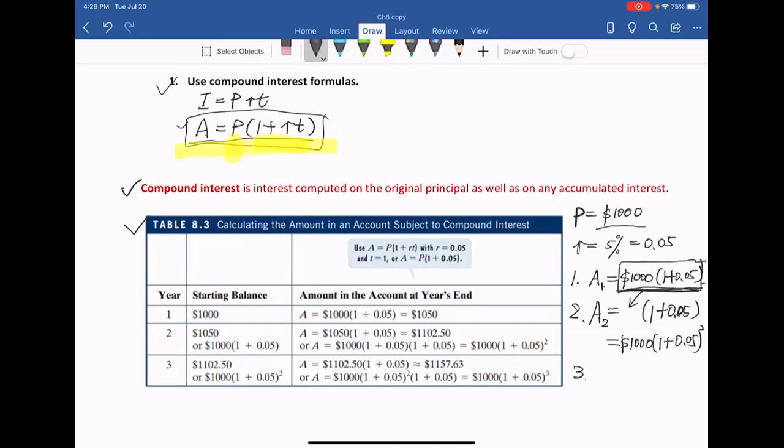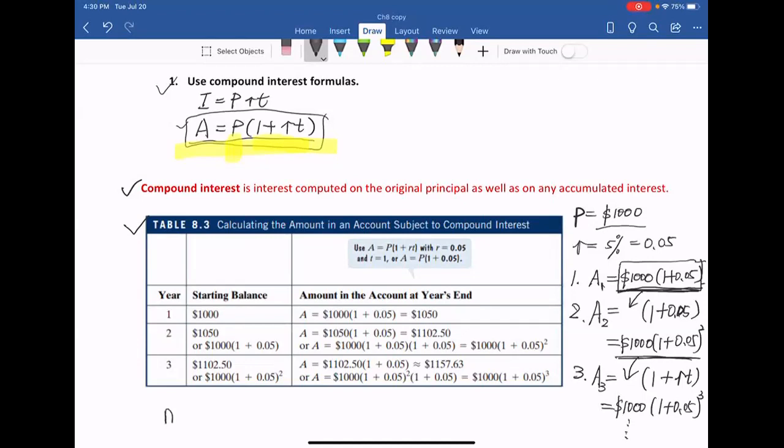And in the third year, this is my principal. So A3 equals, I put this amount here as my new P, and then times (1 plus RT). So I got 1,000 times (1 plus 0.05) cubed. So let's continue to do that.